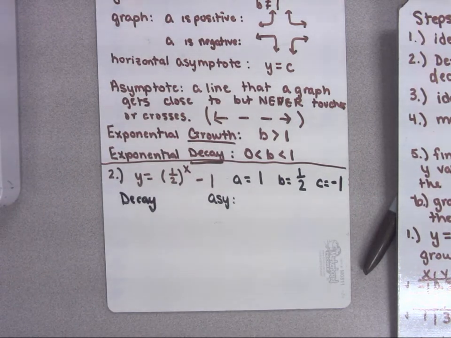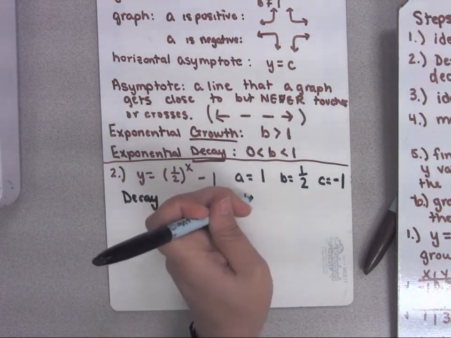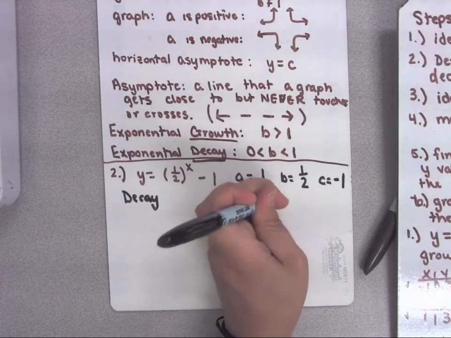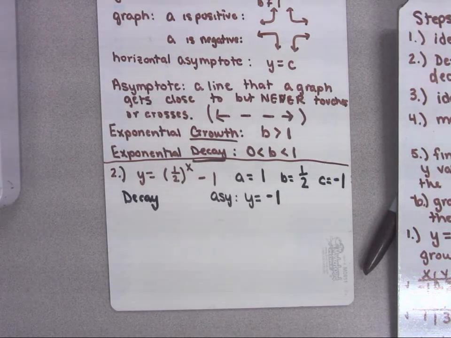It's with an M. It sounds like you're saying a bad word. Asymptote. What's my asymptote here? Gracie, what's my asymptote? Y equals -1. After we write that, what do we do next, Jacoby?